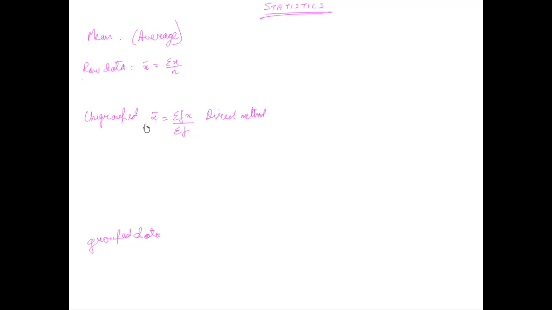Then we have second one, that's shortcut method, that's summation of fd upon summation of f plus assumed mean, where d is x minus the assumed mean, and that's the shortcut method.